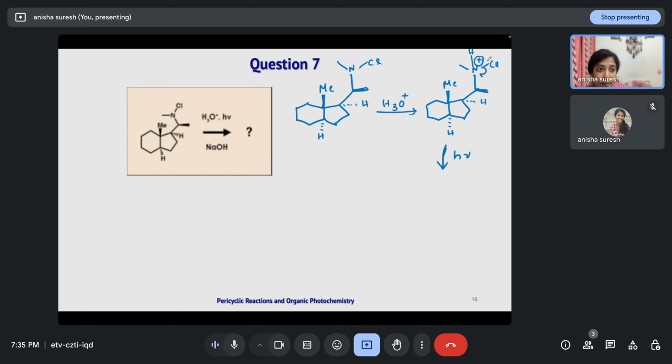So this nitrogen Cl bond will homolytically cleave, leading to formation of N plus dot.